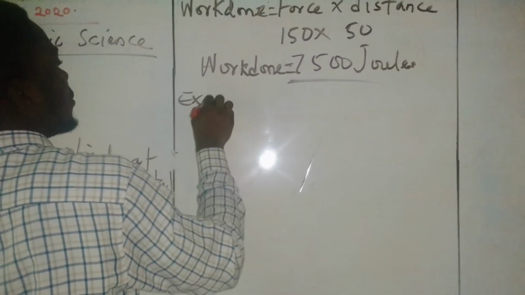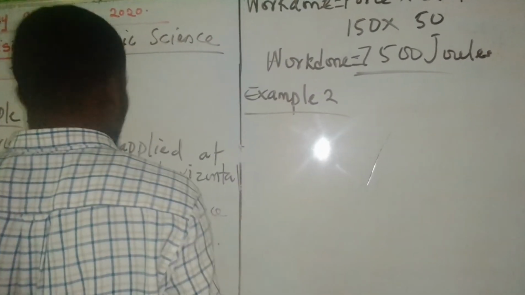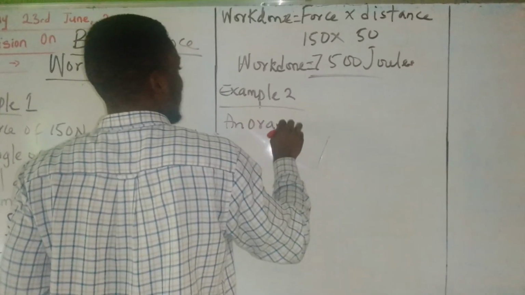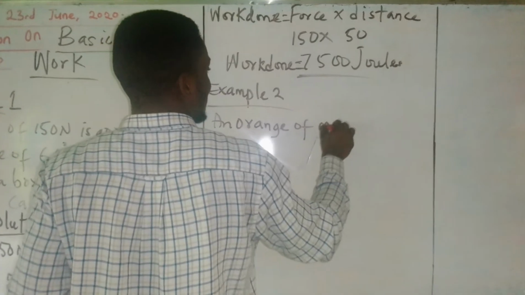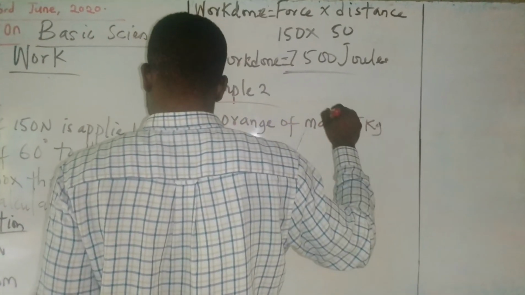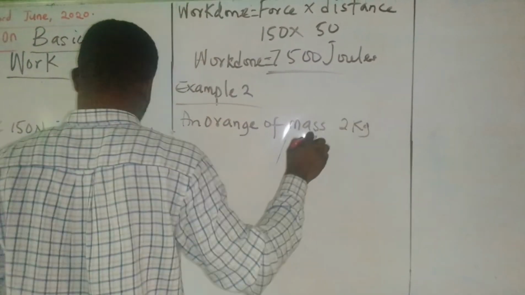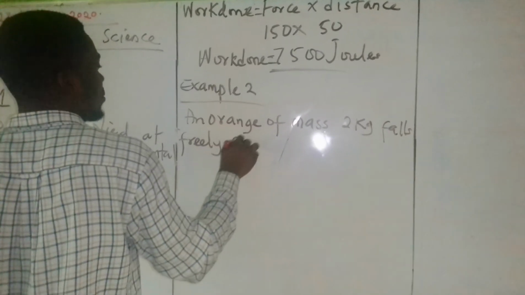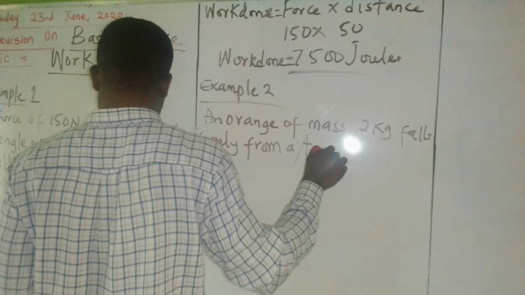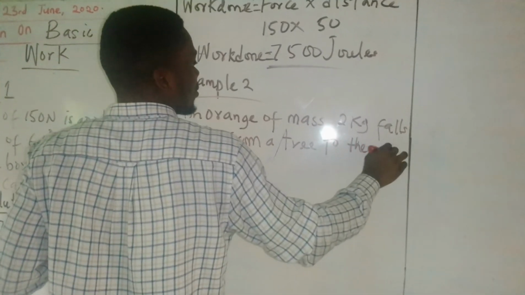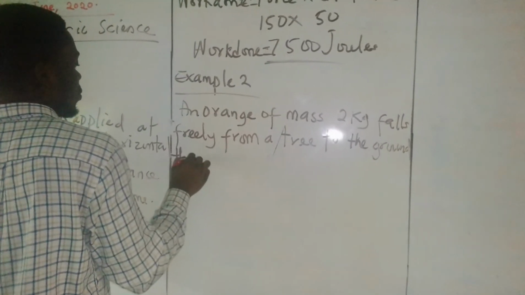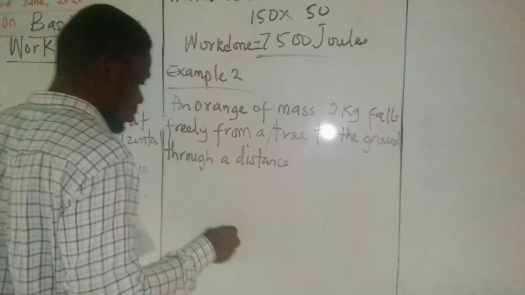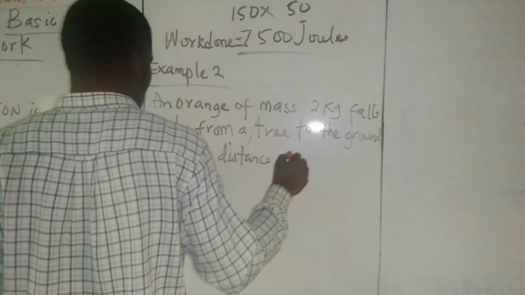Now, example 2. Let's solve this. An orange of mass, let's use 2 kg, falls freely from a tree to the ground through a distance of 2 meters.